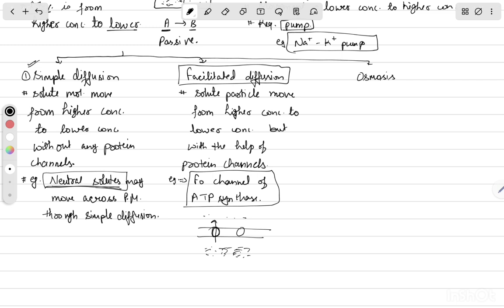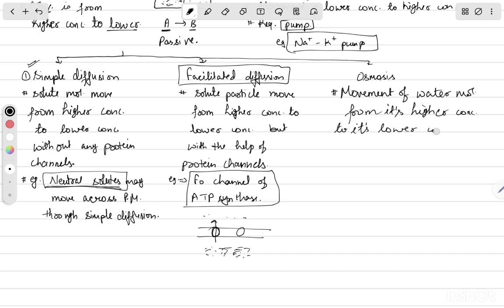If we talk about osmosis, then osmosis is movement of water molecules from their higher concentration to their lower concentration. Now, what does it mean?